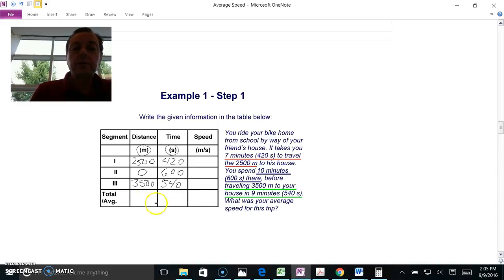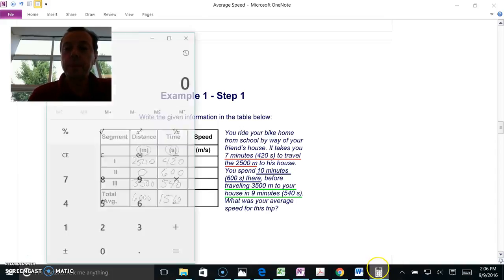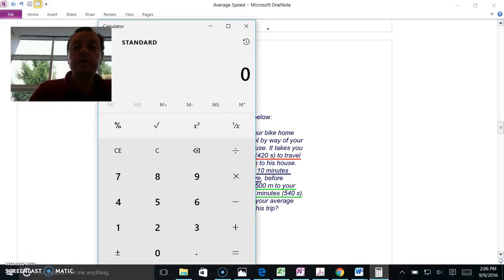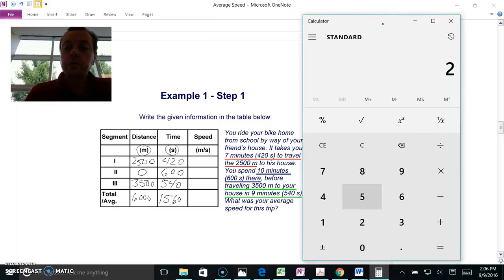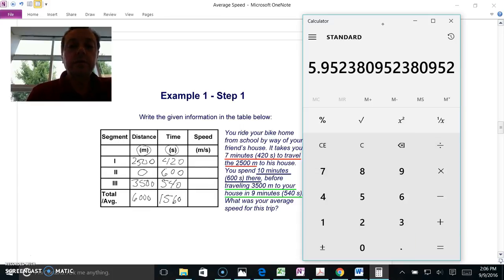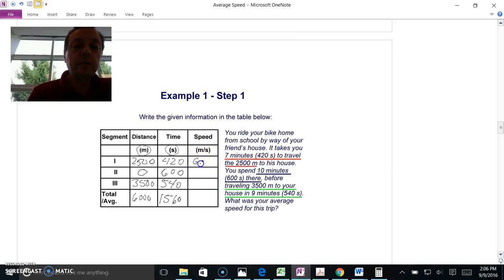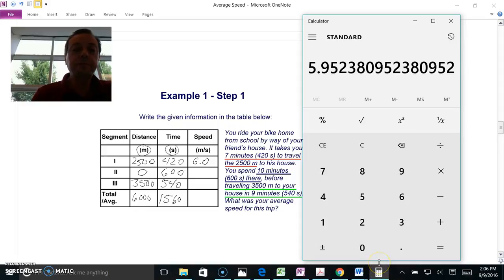So getting the total distance is 6,000 meters, and getting the total time is going to be 1,560 seconds. 2,500 divided by 420 is about 6.0 meters per second.